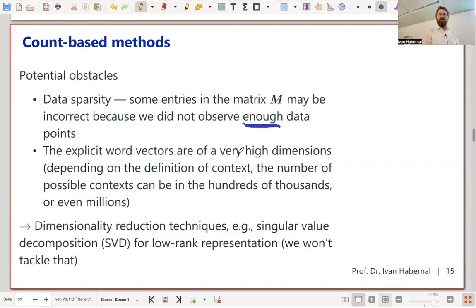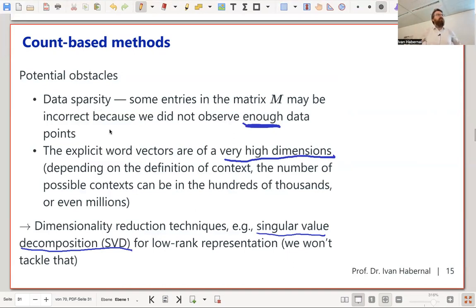And the very high dimensions. We can use some dimensionality reduction techniques. If you did some machine learning, you maybe heard of singular value decomposition, SVD, for making the rank of the matrix smaller, but we won't tackle that. There are some tricks you can do to reduce this matrix, but the sparsity remains.